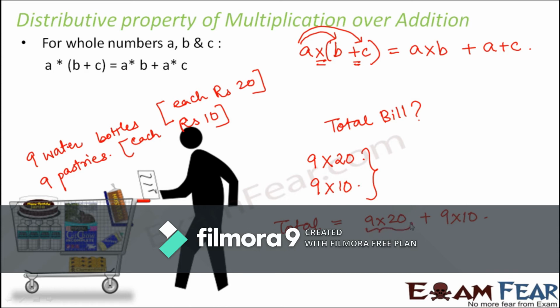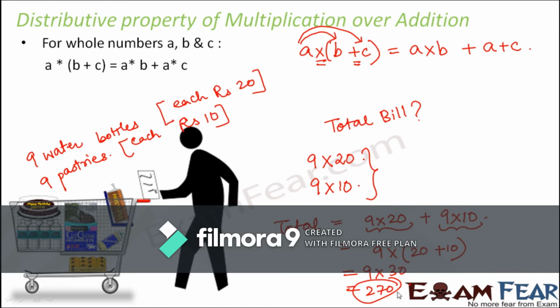You see here it is in the same format, A into B plus A into C. So this can be very well written as 9 into 20 plus 10. Now don't you think that rather than doing a big multiplication, it is easier to do this sum? So you do this sum, it is 30, and you find out the total amount to be 270.